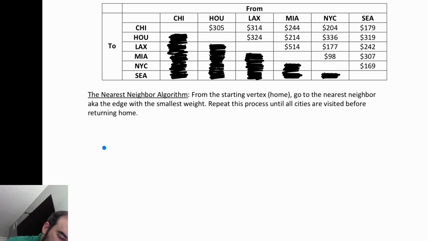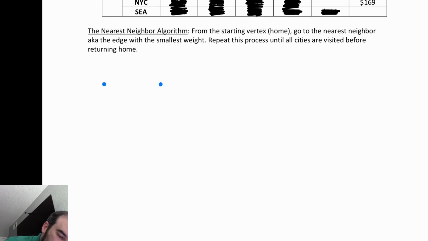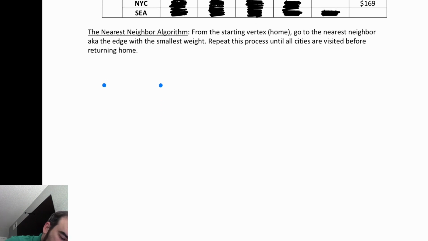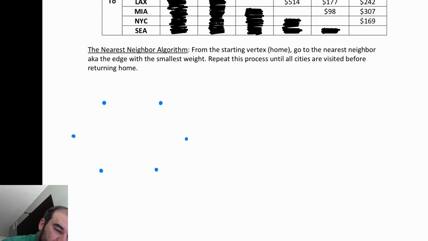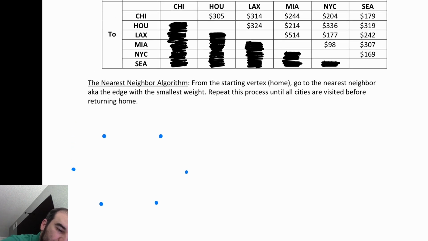So we want to do 1, 2, 3, 4, 5, and 6. So we'll do something like that. We'll label these, do they all have different starting letters? They do. So we'll call this one Chicago, Houston, LAX, Miami, New York, and Seattle.